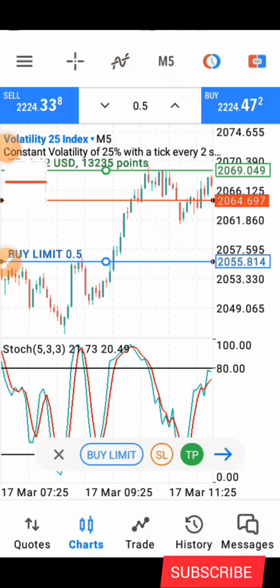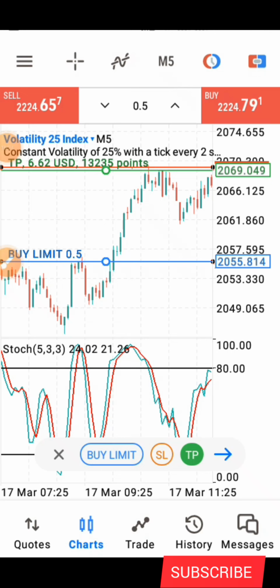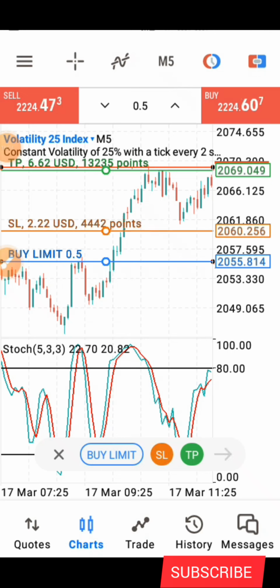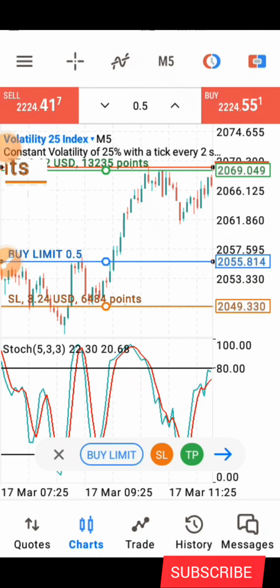So in this trade, in this entry here, we are going to be getting like $6.62, and our SL is going to be $3.24. So you can see how good the strategy is.